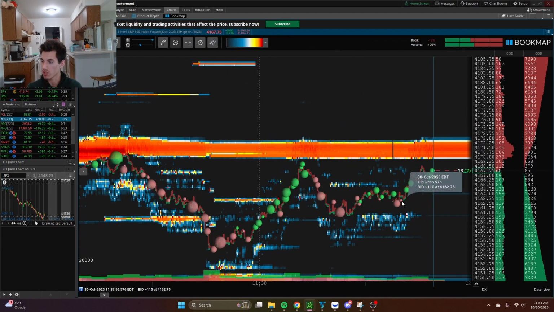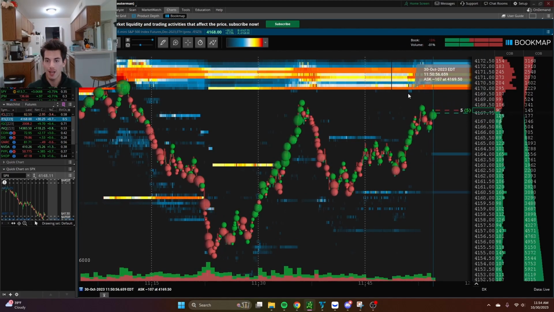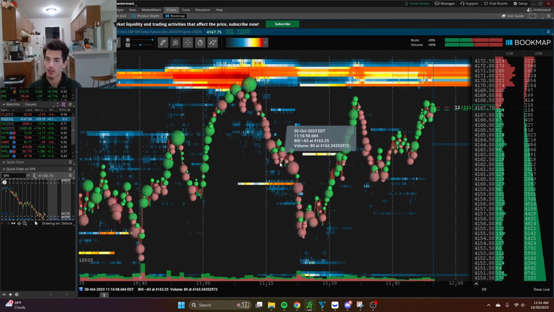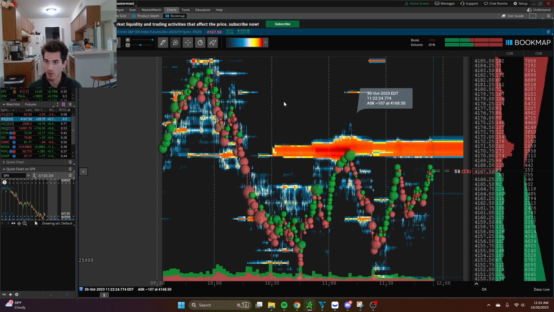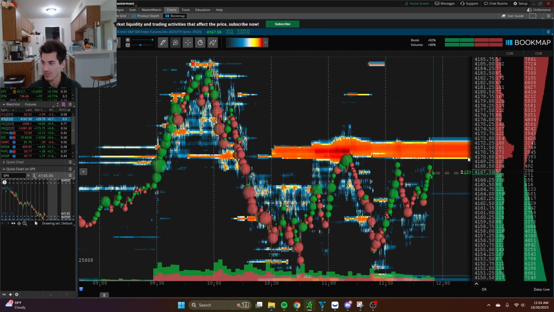Anywhere that you see more orange than blue, that means that there are a lot more contracts sitting at that price point. And we call this entire thing a heat map because it goes from blue to red, so the more yellow or orange or red it is, the more contracts are going to be sitting at that area.